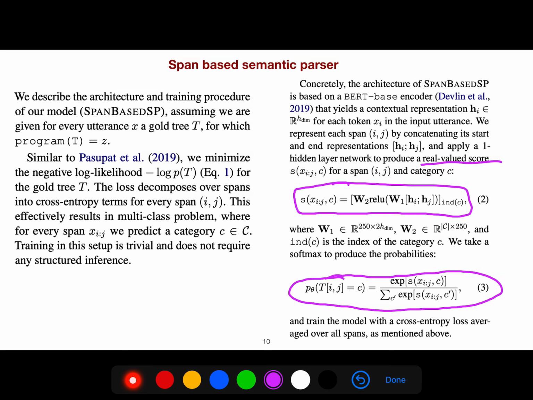You see we concatenate, then multiply the vector by a weight, and then we have a ReLU nonlinearity in our neural network, and then another weight. We are just learning these weights, W1 and W2, and so on.